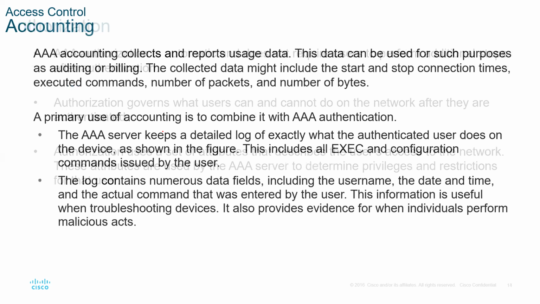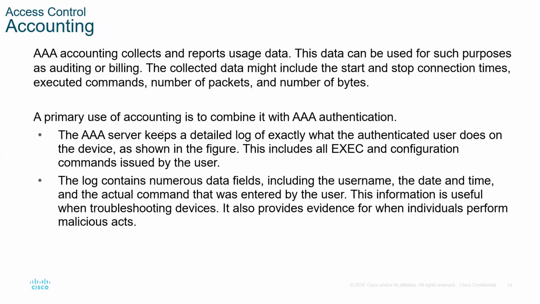And that is authorization. Accounting: AAA collects and reports usage data for purposes such as auditing or billing. So it's basically auditing who did what, and when. Very important. That's auditing. Billing, I think, has something to do with money, charging.